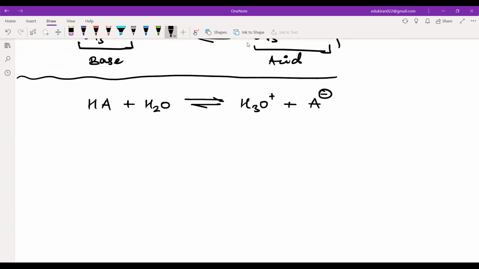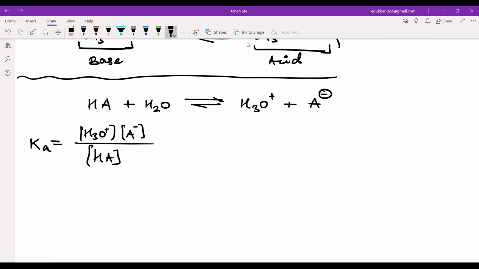This is the reaction for Ka, so Ka will be equal to the concentration of H3O plus into A negative divided by the concentration of HA, right? Because H2O is a liquid, and we don't write anything about pure liquids and pure solids.